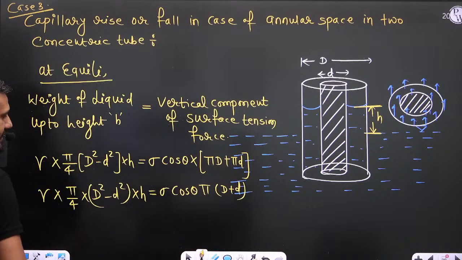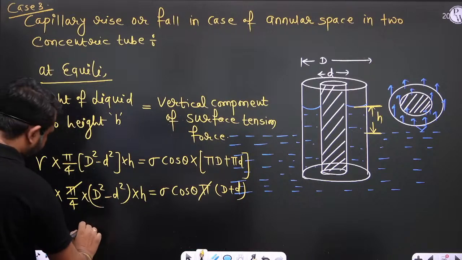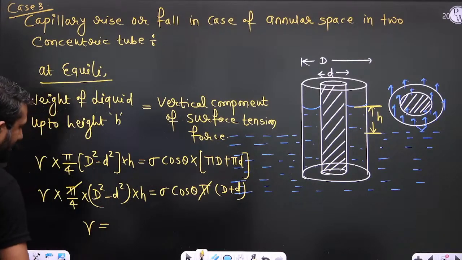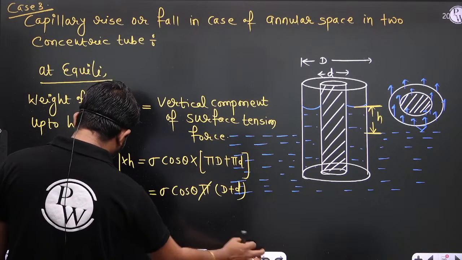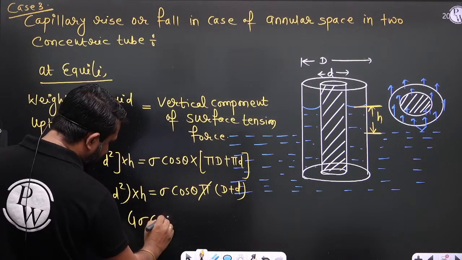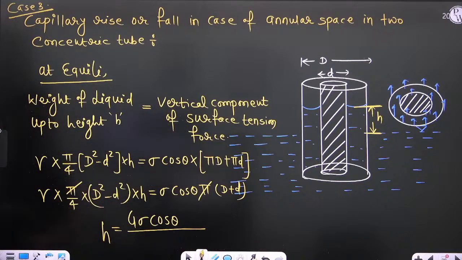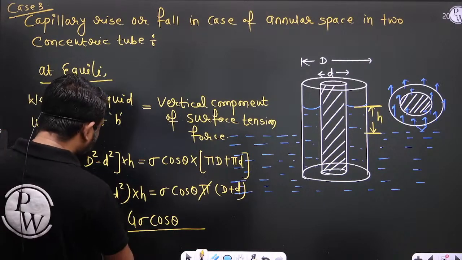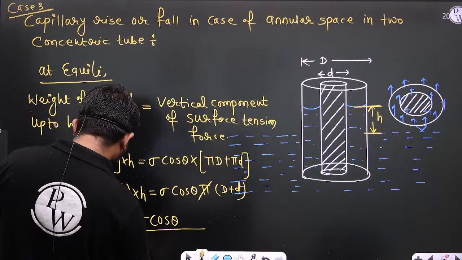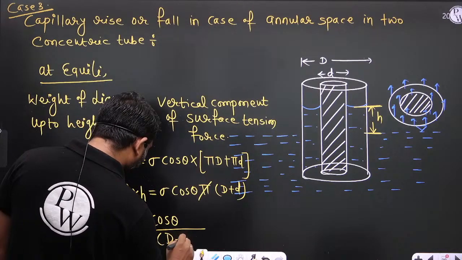Now see here, pi and pi cancel out, and ultimately what you are getting is h equal to 4 sigma cos theta upon gamma times (a square minus b square), so (a minus b)(a plus b). So capital D plus small d cancels out, and we get 4 sigma cos theta upon gamma multiplied by (capital D minus small d).